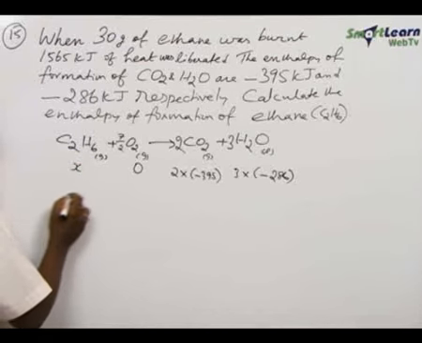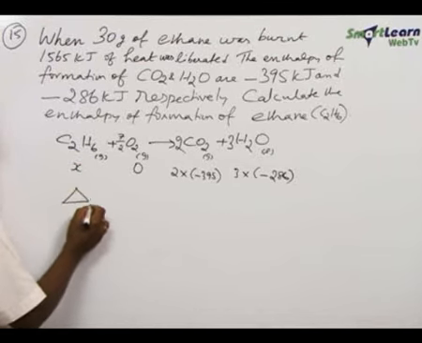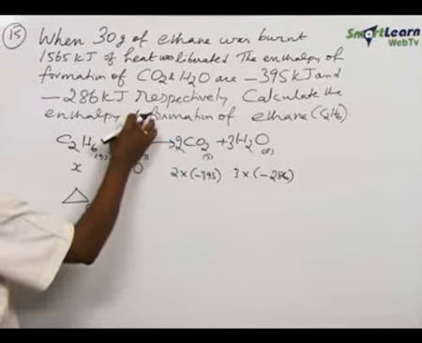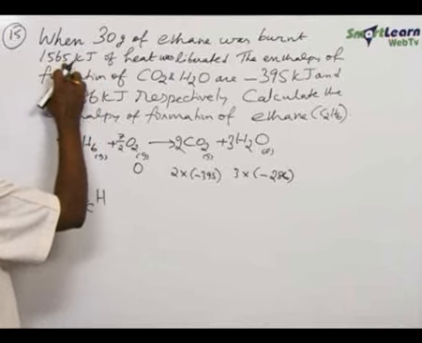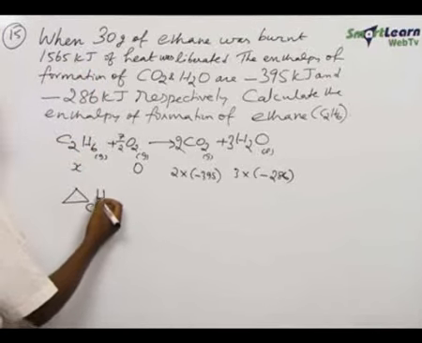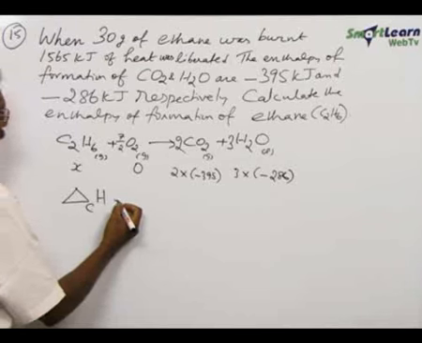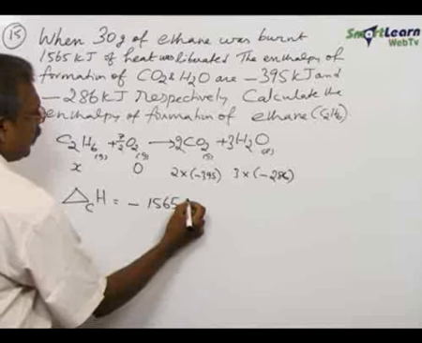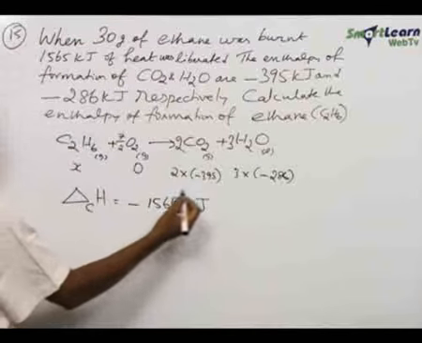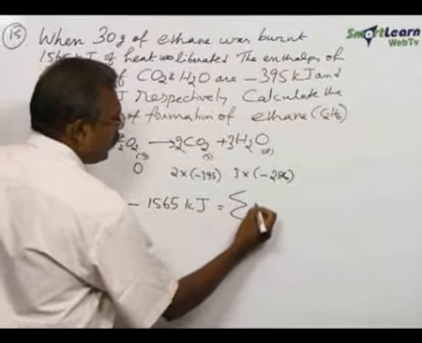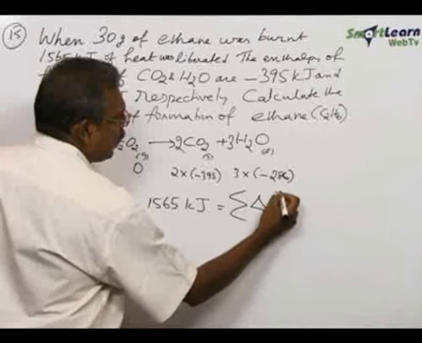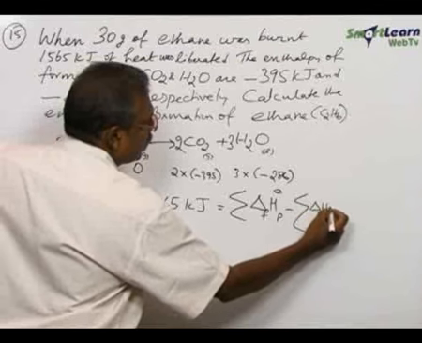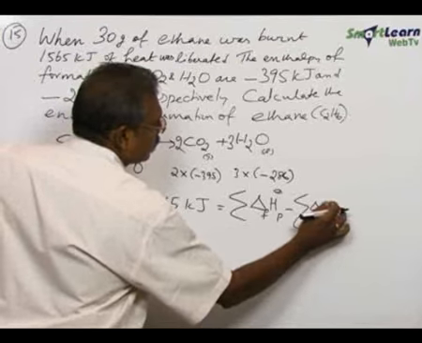And as per the mathematical expression, the heat of the reaction, the combustion reaction, is given. For this combustion reaction, the value is given as 1565 kilojoule. So delta H of combustion is equal to minus 1565 kilojoule. This is also equal to the sum of standard enthalpy of formation of all products minus the sum of standard enthalpy of formation of all reactants.